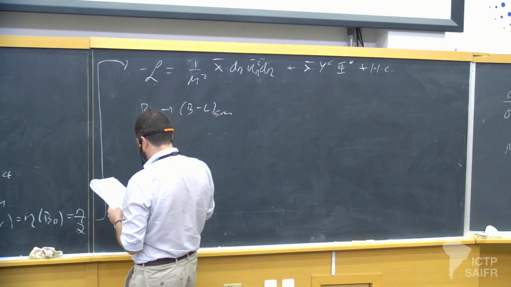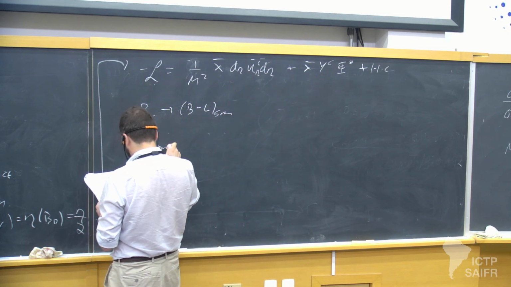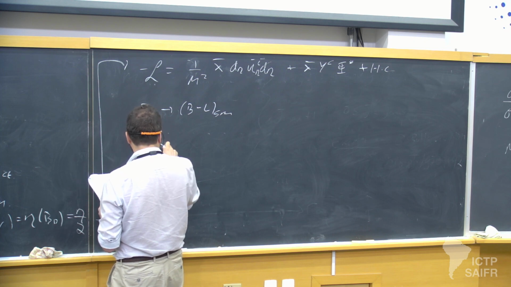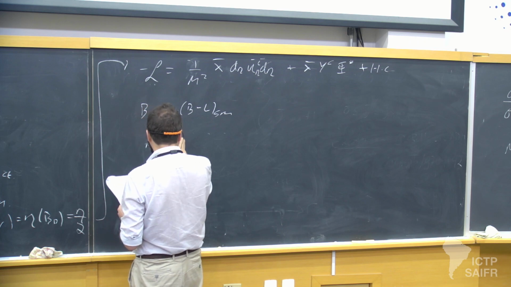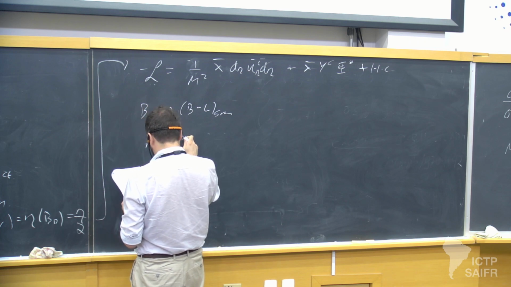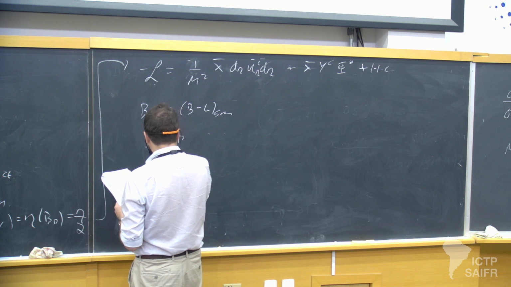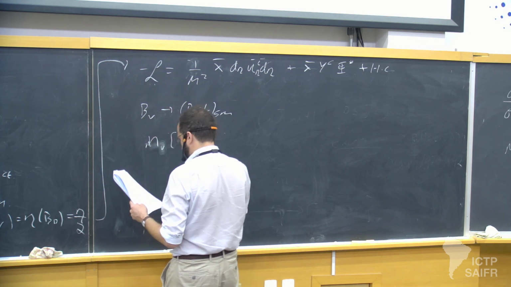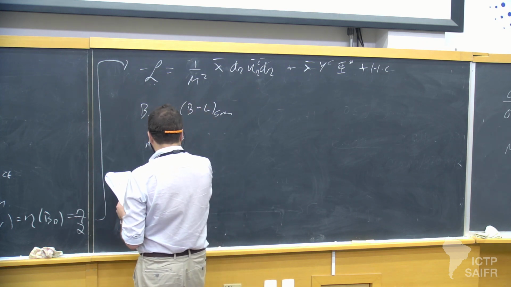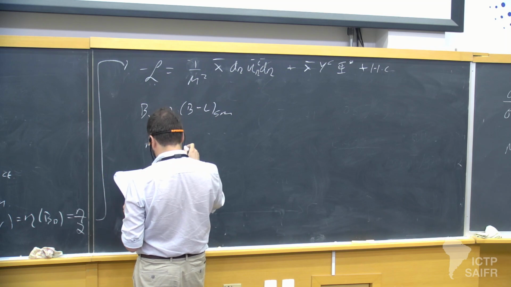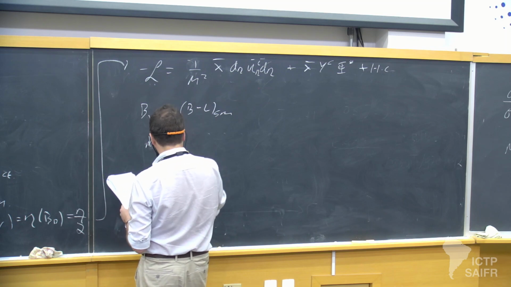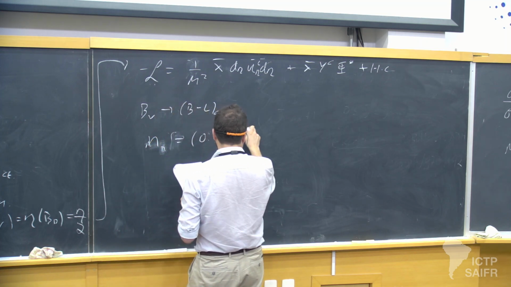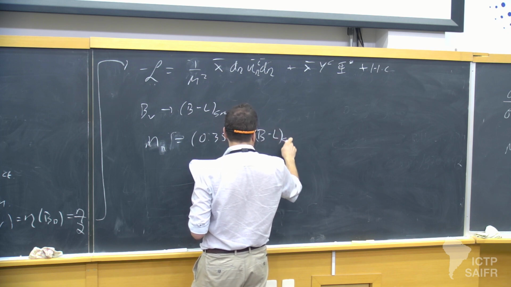So then basically, let's say the number density of your dark matter particles after the annihilation has occurred, and the number density of your visible matter, your baryons, is going to be typically 0.35 to 1 times B minus L of the standard model.